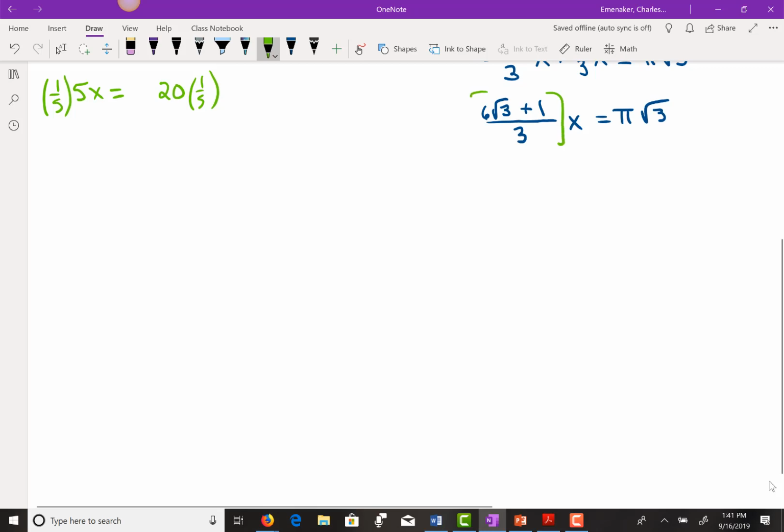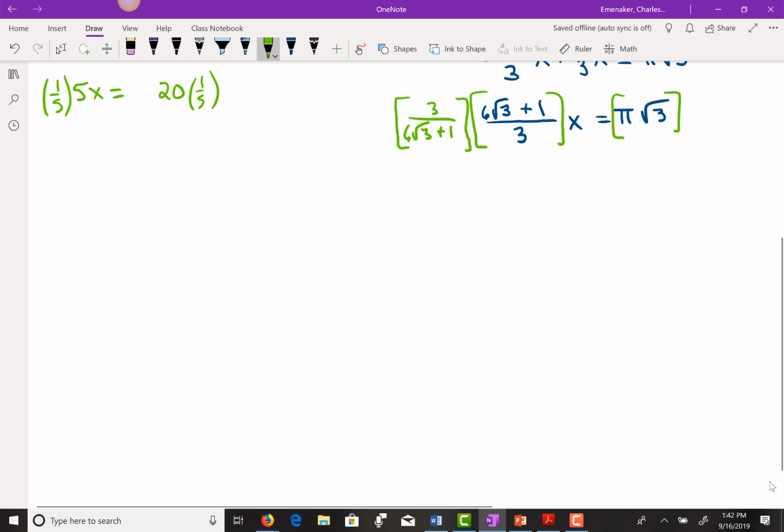This is all the coefficient, isn't it? And what I'm going to do is multiply by 3 divided by 6 square root of 3 plus 1. Does that make sense? But if we multiply the left-hand side by that, we also have to multiply the right-hand side by that.